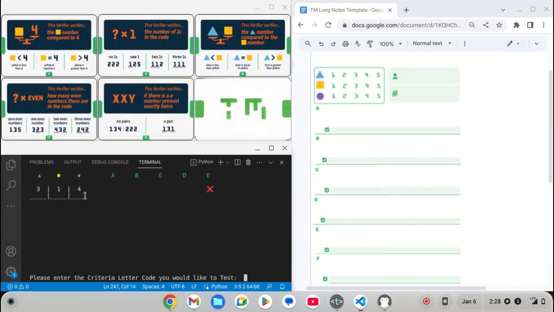Notice that 314 has no pairs. But since the Turing machine does not agree with that, it's actually informing us that there should be a pair in our solution. So let's go ahead and type that up in our notes in section E. And we'll state that the solution has a pair.